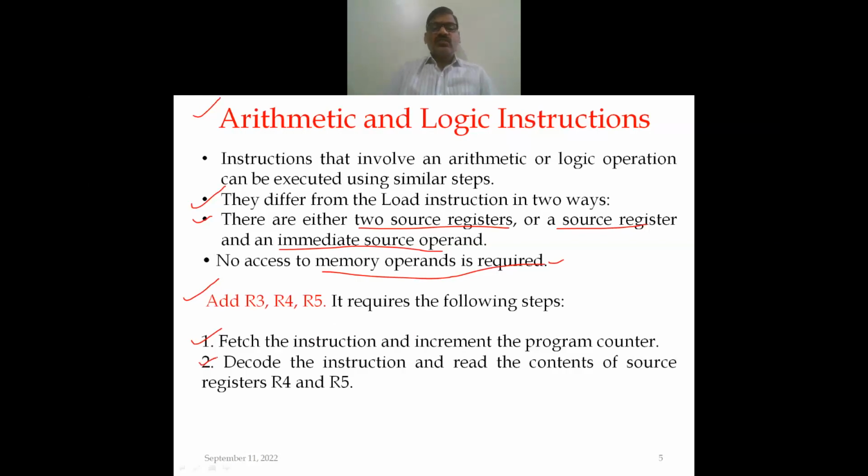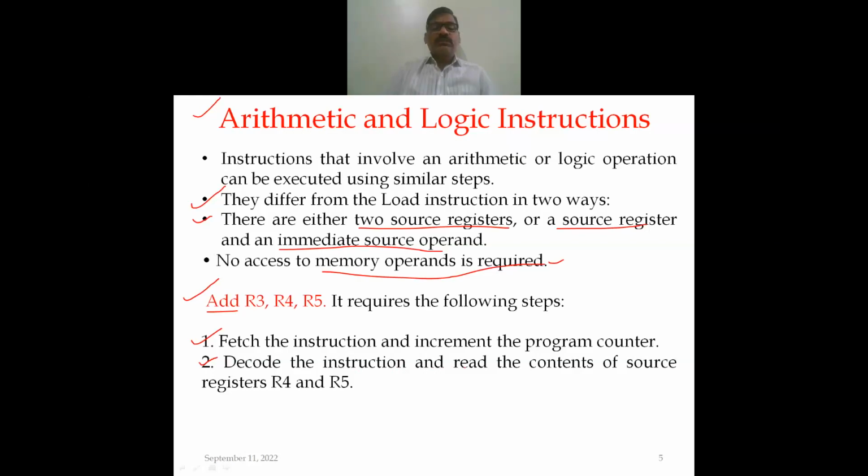The second step is to decode the instruction. Once it is decoded, it will identify what type of instruction it is, whether it is a load or store or an arithmetic or logic instruction, and then it will identify what type of operands are involved. That is nothing but decoding of the instruction.